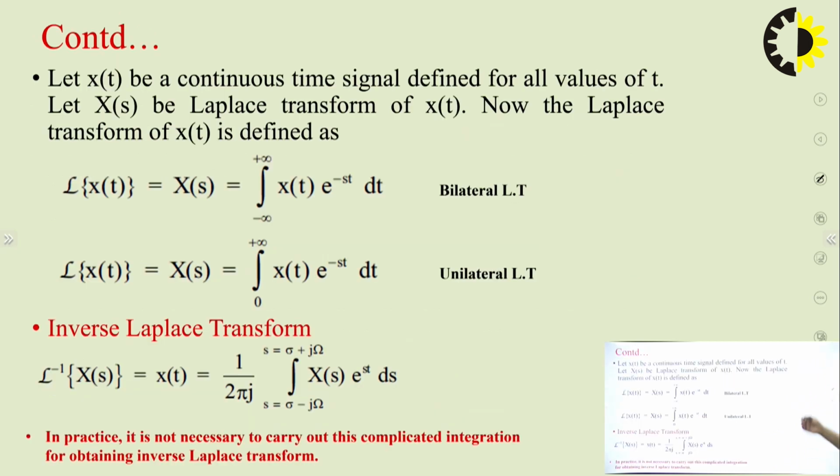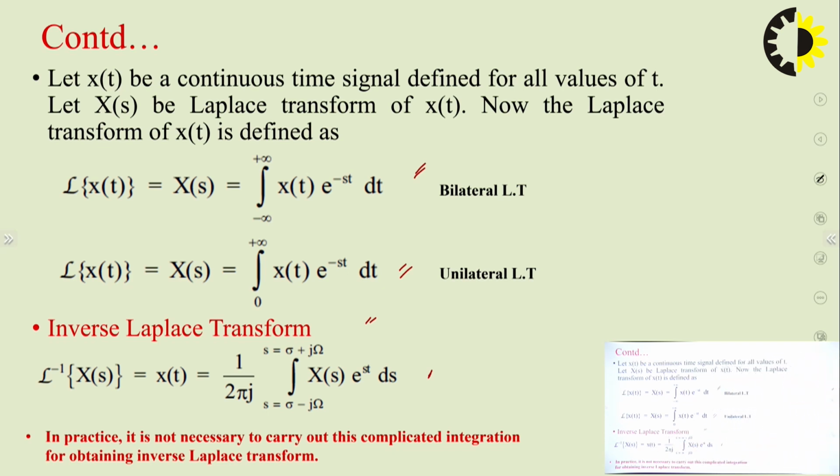Okay, so the expression for the Laplace transform is this: integral from minus infinity to infinity of x(t) times e to the power minus st dt, and in case of unilateral, the limits will be from 0 to infinity. The inverse Laplace transform expression is given like this. Generally, the result is very complicated, so there is no requirement to use this particular expression for finding the inverse Laplace transform.